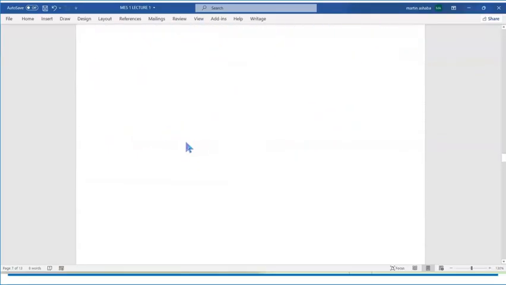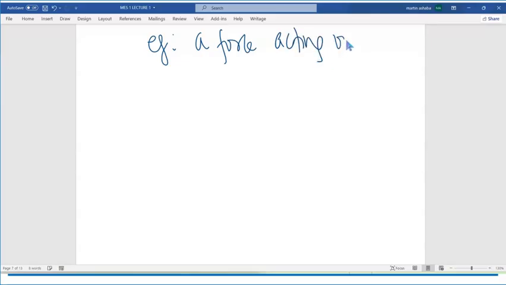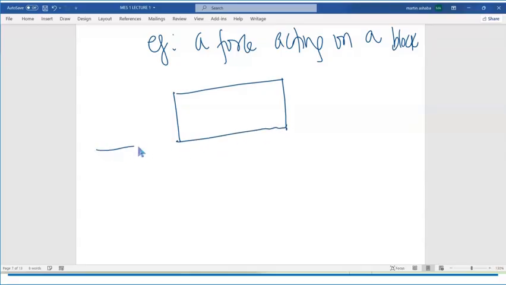So, e.g., a force acting on a block. Let us assume that is our block in 2 dimensions. This may be on a surface like a table.